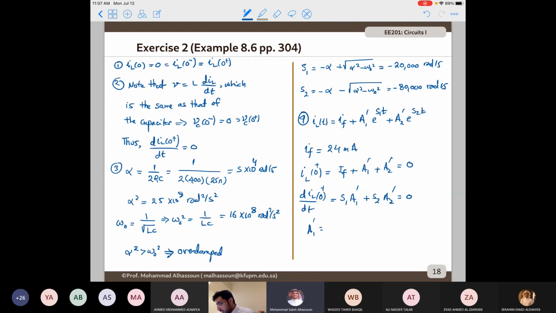So you see that A1 prime is minus 32 milliampere. A2 prime is 8 milliampere.